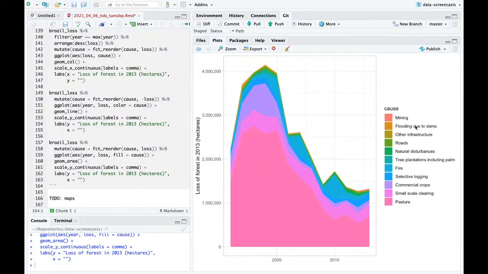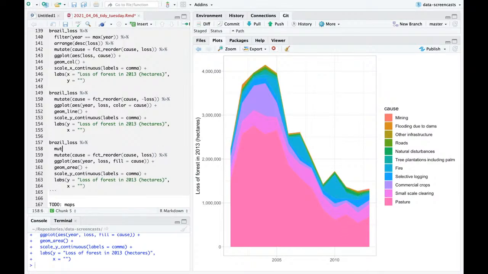I like this, but as soon as I do this, I'm going to want to aggregate those top few levels. Notice the colors get kind of too blended together. That's because so many are used in those top few. I'm going to want to do some lump. So cause fct lump of cause by, into, let's say, the top 5. And weight is loss.